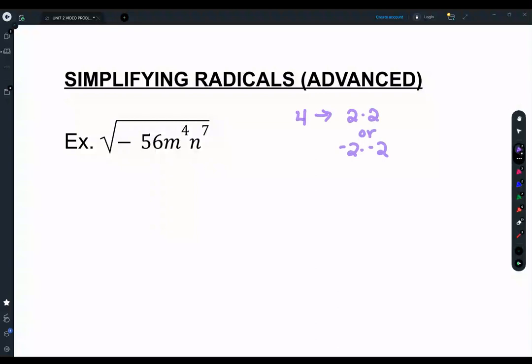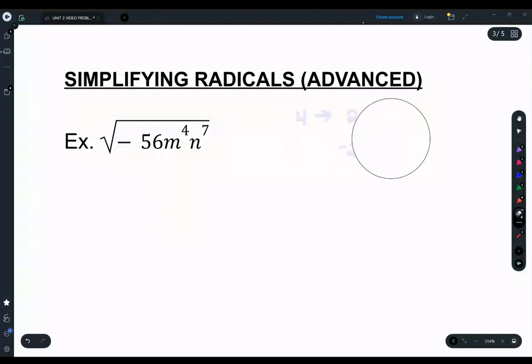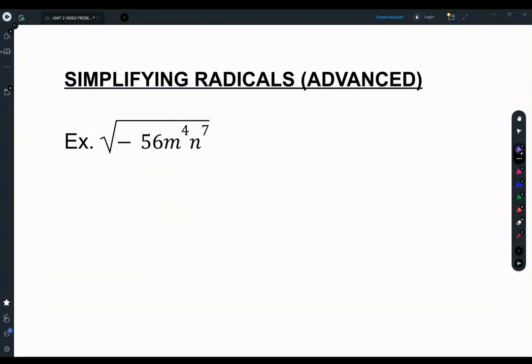Right now we're just going to do that bare minimum of introducing it. As we're looking, when you have a negative, we are always going to break this down to be a -1 times a positive number. So we don't like that negative under the radical.